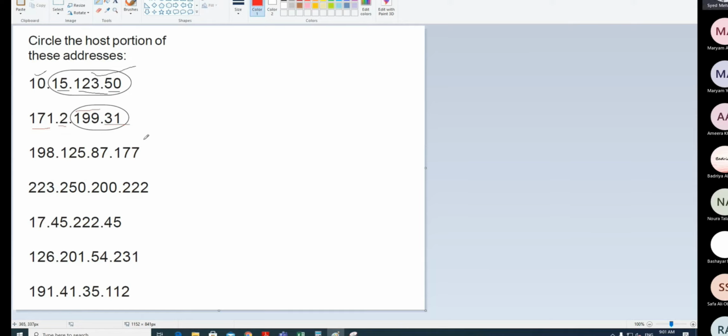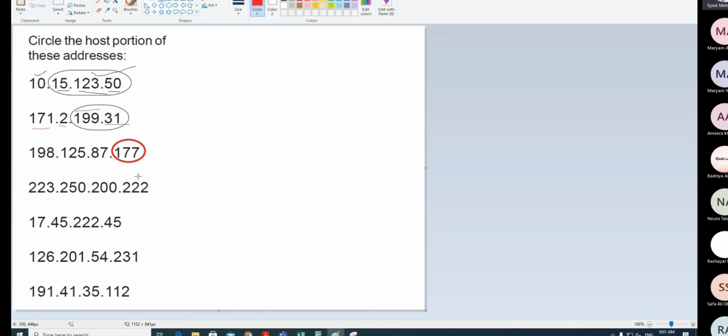Only the last one, because the first three octets belong to the network and the last octet is for the host. Okay, so this is our host portion.